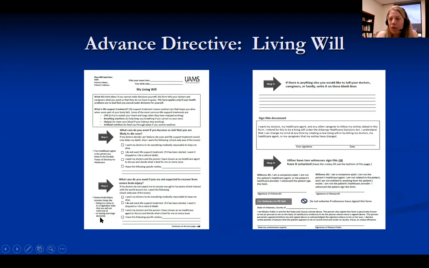And we define that over here. Things like being in a coma or in a vegetative state that you will not come out of, or having end-stage dementia. Again, same 4 boxes. On the back of the form, there's a step 3, which is a lot more space to write in specific requests. Again, the patient with capacity signs and dates, 2 witnesses, or a notary.